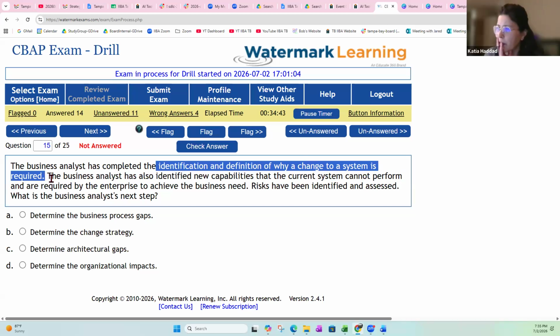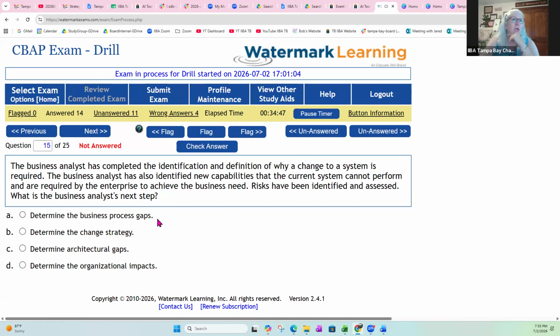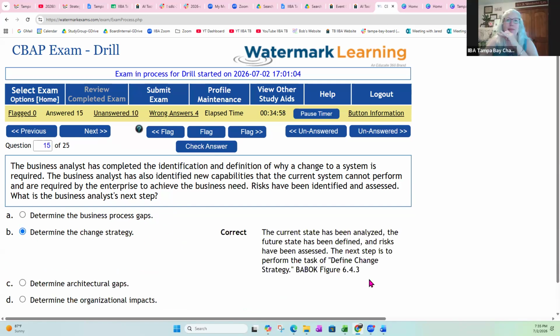So current state, define future state, assess risk. What is the next step? B, change strategy. The current state has been analyzed. The future state has been defined. The risks have been assessed. The next step is perform, define change strategy. It is going to be this easy for y'all whenever you go take the test. I know it.